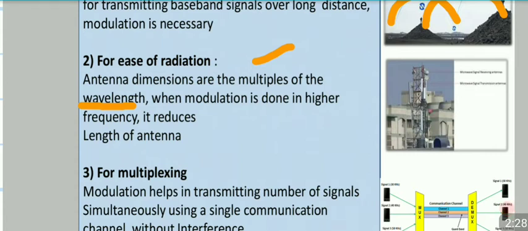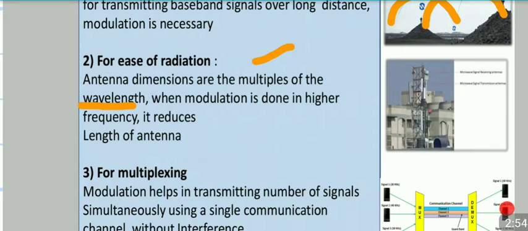In the modulation process, we know that the modulating signal is always going to have lesser frequency and the carrier wave is going to have higher frequency. When we have higher frequency for the carrier wave, the wavelength is going to reduce. When we reduce the wavelength, the antenna dimensions also reduce. This is why for ease of radiation, modulation is required.